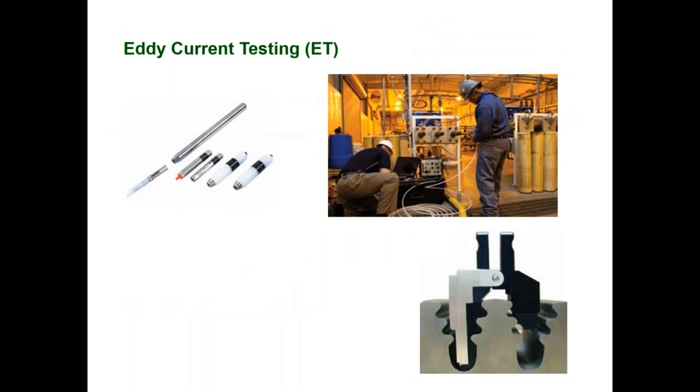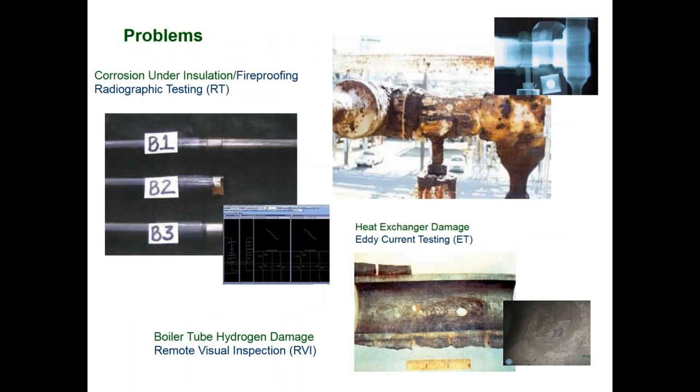In eddy current testing, one can utilize eddy current or flow of electrons to understand the extent of corrosion over longer areas. And I'll explain a bit the principle behind it.